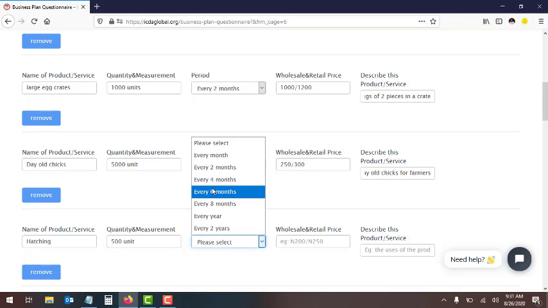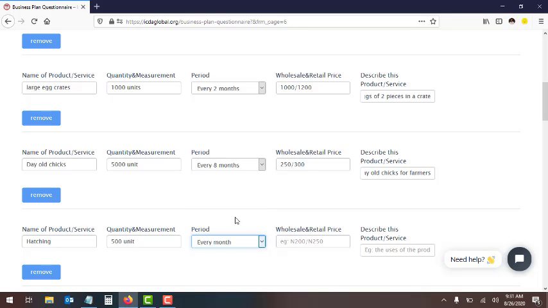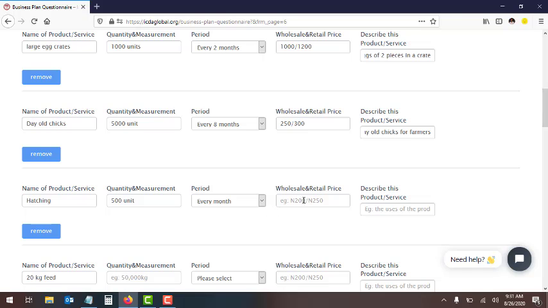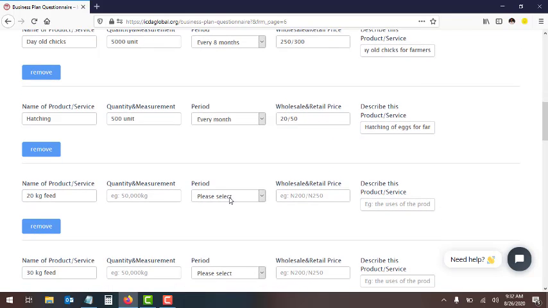Maybe every month you do 500 hatching services to people, and the price for each one is maybe 15 naira or 20 naira, depending on how you are doing it. Now maybe for individuals it's 50. Then describe what it's all about. So this is a hatching of eggs for farms. It's just a description I'm explaining.